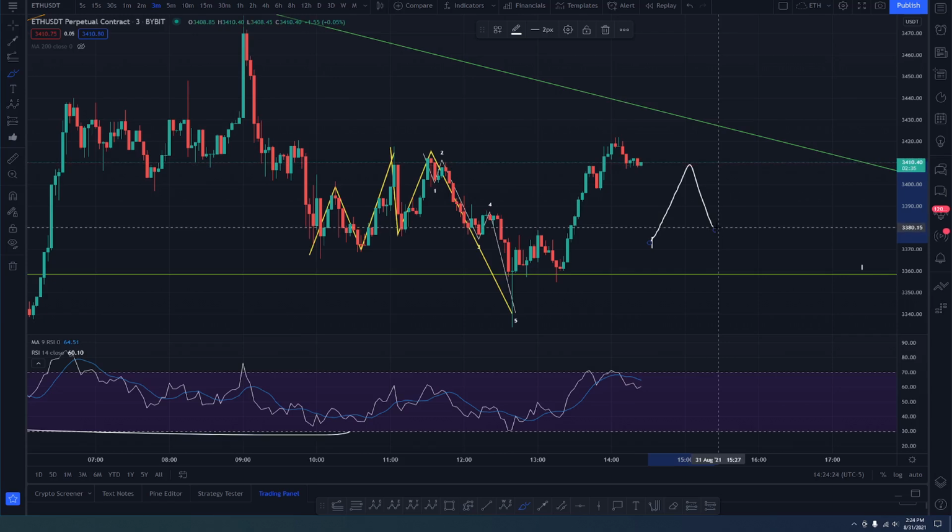It can't go back beyond the origin, right? It can't retrace beyond the origin of the first wave. So when we get a break of the origin of the first wave, we rule out that it can't be a 1-2 anymore. So we think, oh, it must be going down.